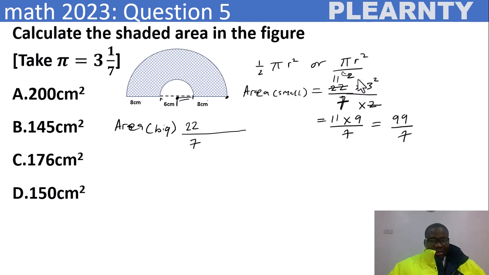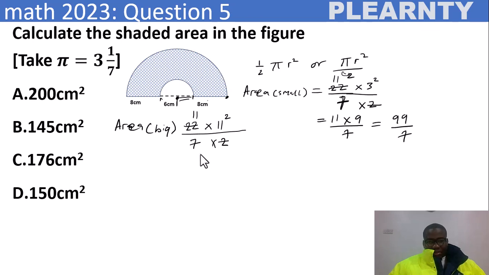And because we are saying over 2, so we still have to put a 2 here. And then our r here is 11, so r square. Now, this can still divide this, and you have 11 here. And so now we have 11 times 11 times 11, because this is 11 times 11, 121.